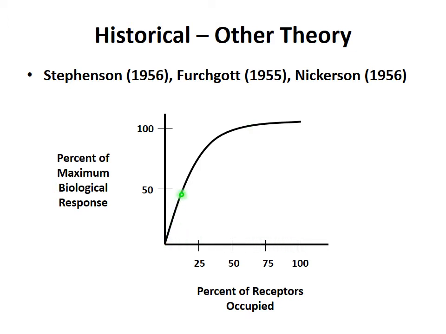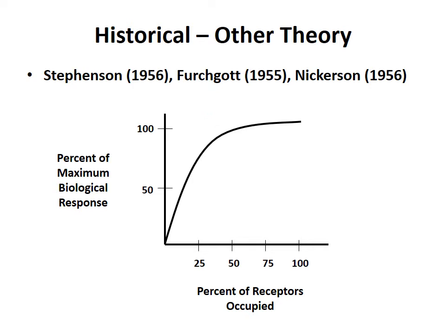That means it's going up. We've already given the highest biological response with less than, maybe, we'll say 75% of receptors occupied. And this is just a hypothetical example. The curve could be shifted even further left, potentially even 25% receptor occupancy or less.